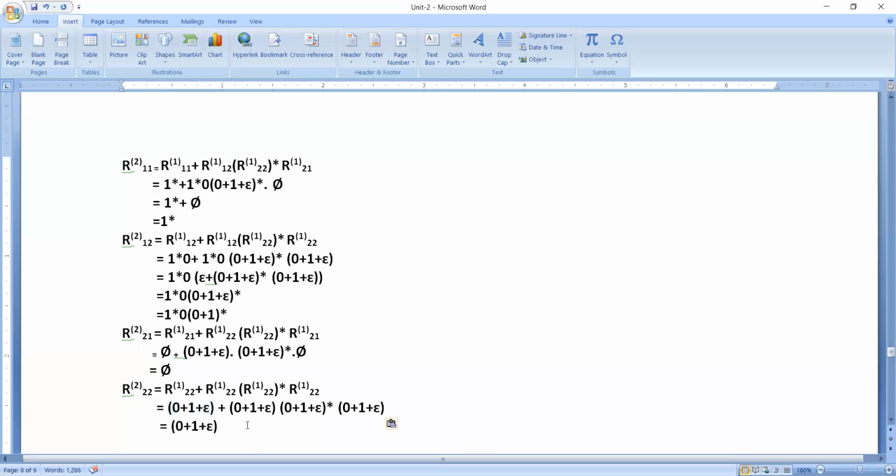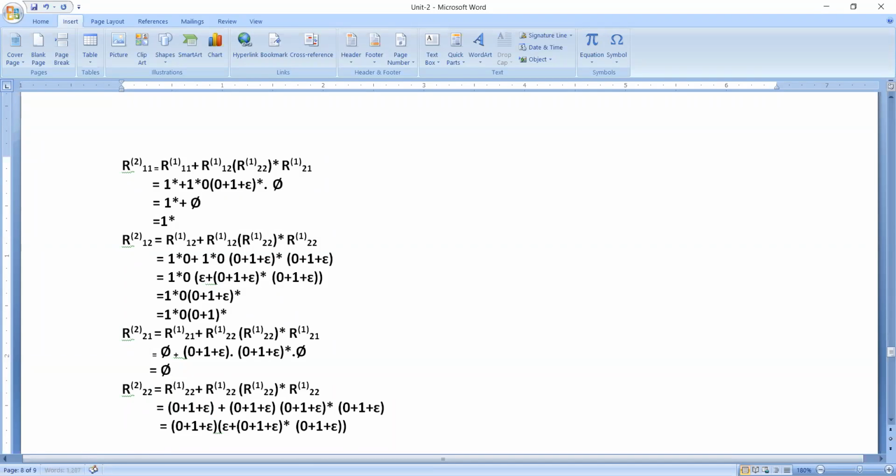Now when I take the common of this, we will get here epsilon plus this thing will remain. Control C, Control V. Epsilon plus R star R formula.